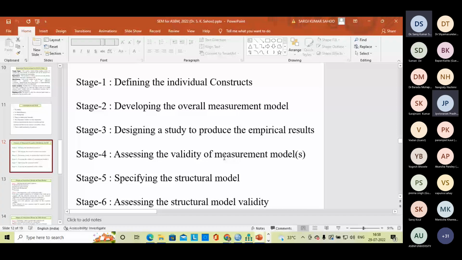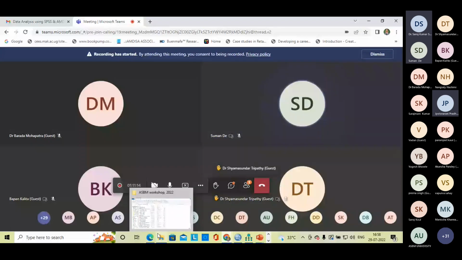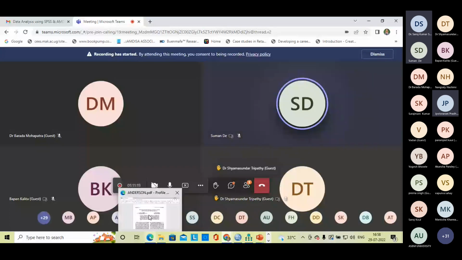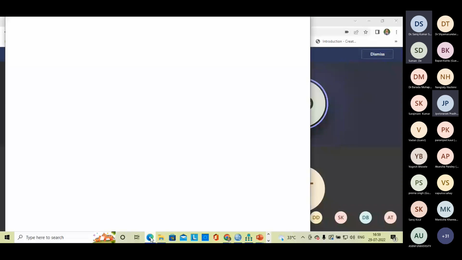There is one famous article available. Almost all researchers who follow both CFA and SEM cite this article. It might have crossed 1 lakh citations. This article is by Anderson and Gerbing.